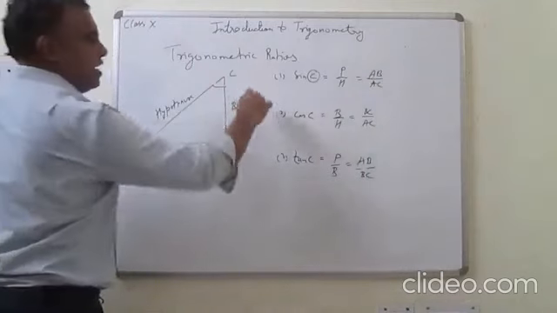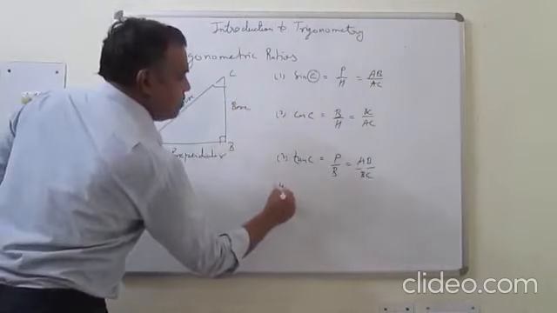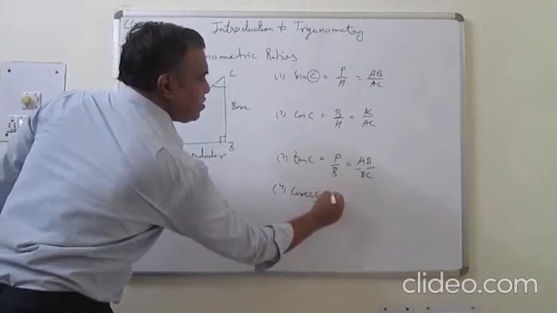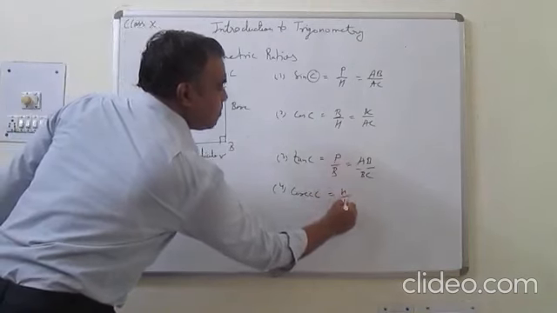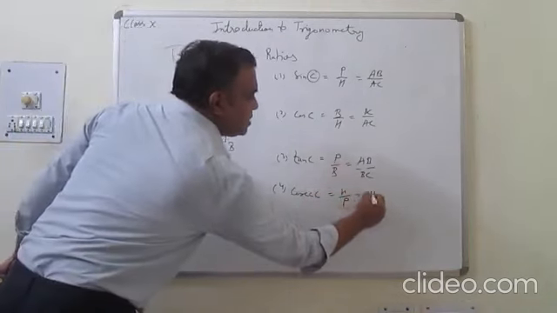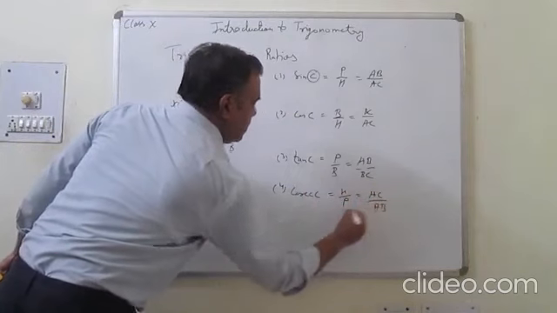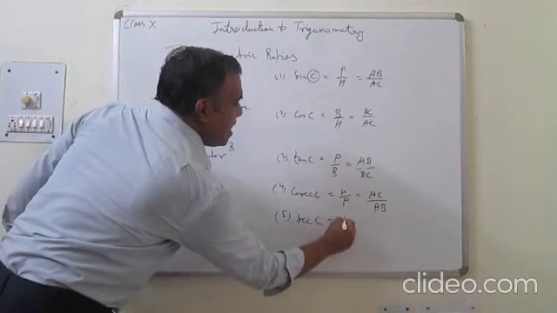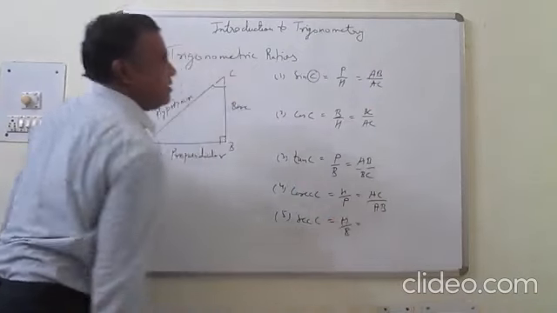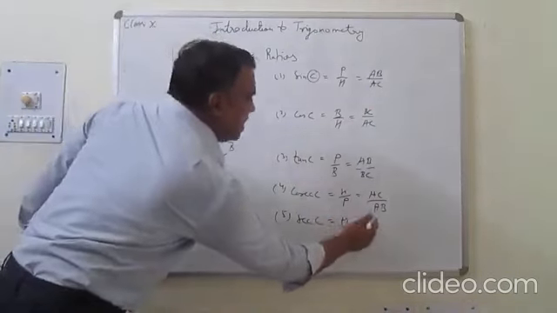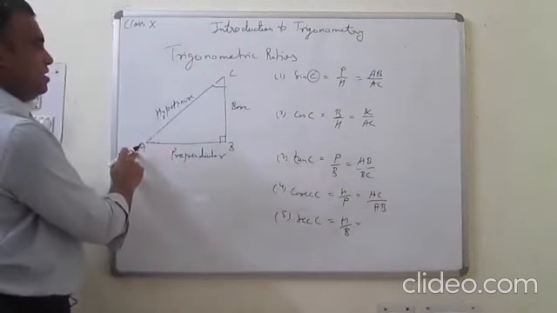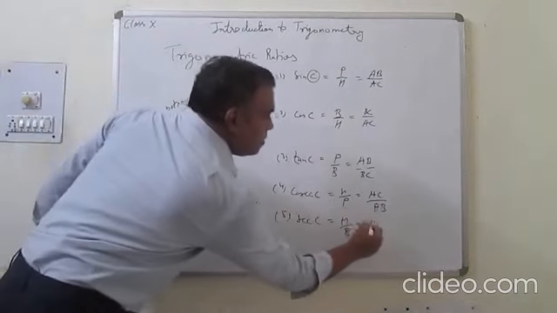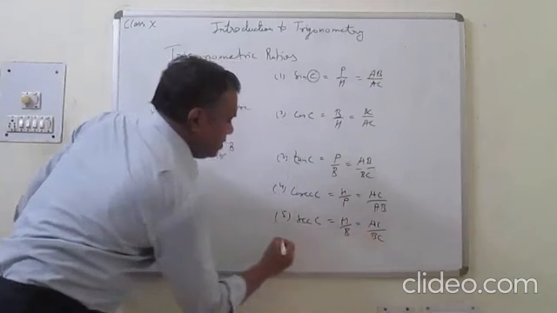Now reciprocate, you will get cosec C, which is H upon P, AC upon AB. Sec C is H upon B, AC upon BC.